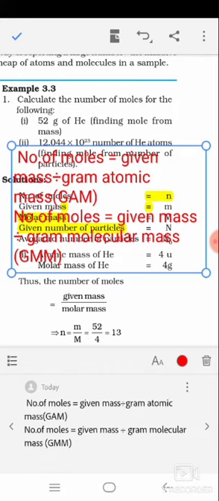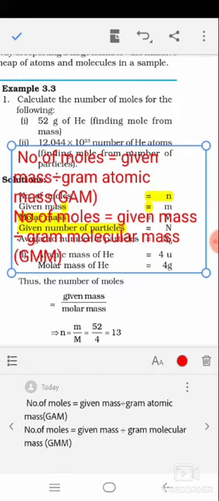In the case of helium, the atomic mass is 4 and it is written as 4U.